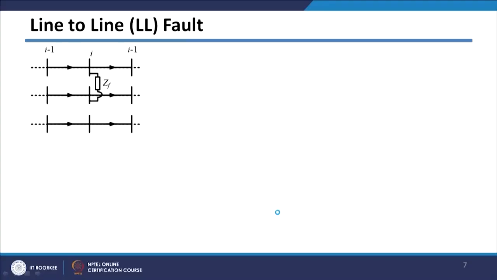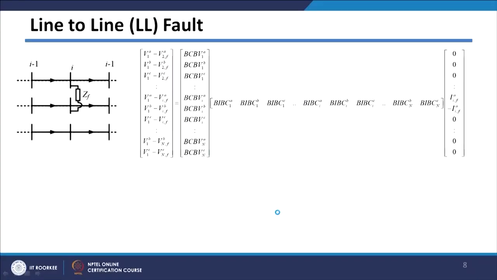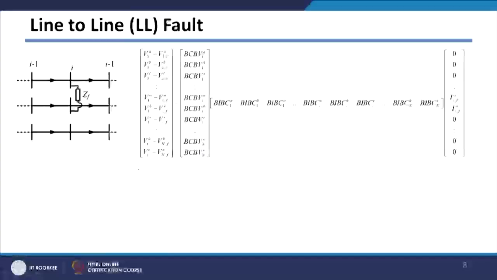So, let us say if you want to calculate post fault voltages of any buses. Now, to calculate post fault voltages of any buses other than bus I, because I have considered fault has occurred on ith bus.